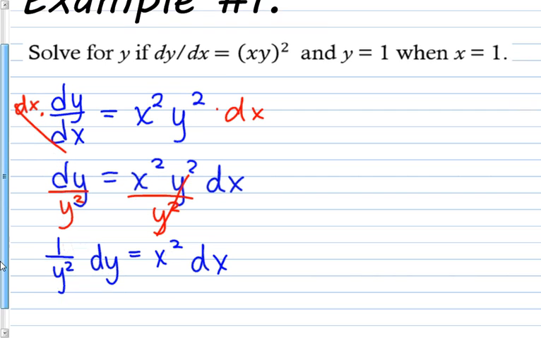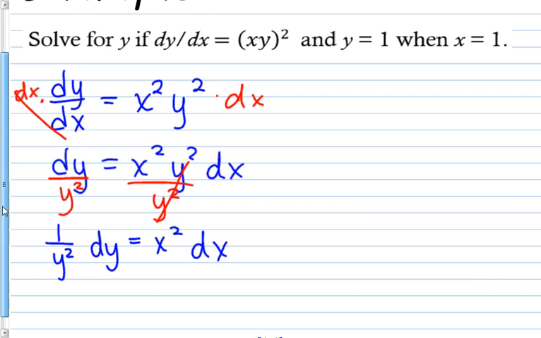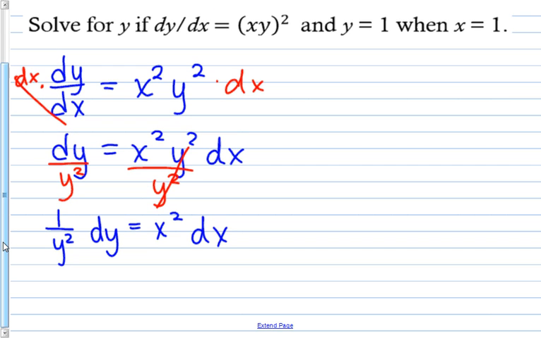Okay, so once this has been separated, I can go ahead and integrate. Now 1 over y squared can actually also be written as y to the negative 2 power. And that's how I would prefer to write it.